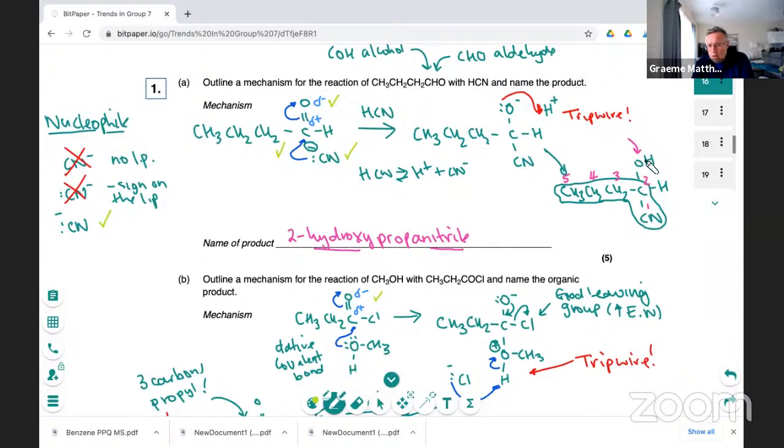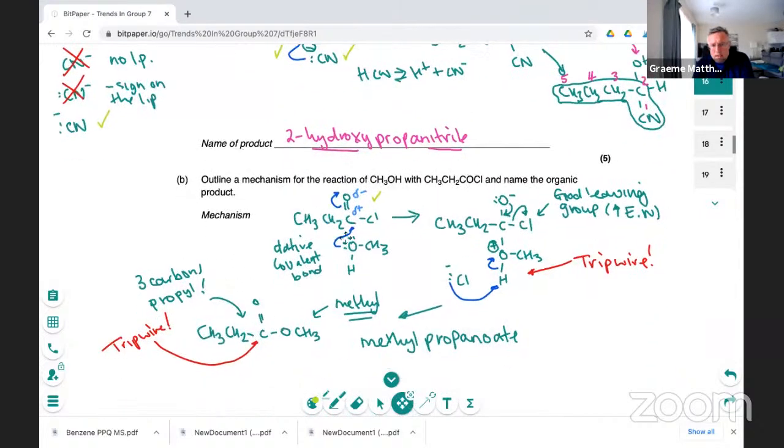So this alcohol group drops down to being a hydroxy. All right, 1, 2, 3, 4, 5 carbons, longest chain, including the cyanide, the nitrile group. Done this bit. You have 2-hydroxypropanenitrile.